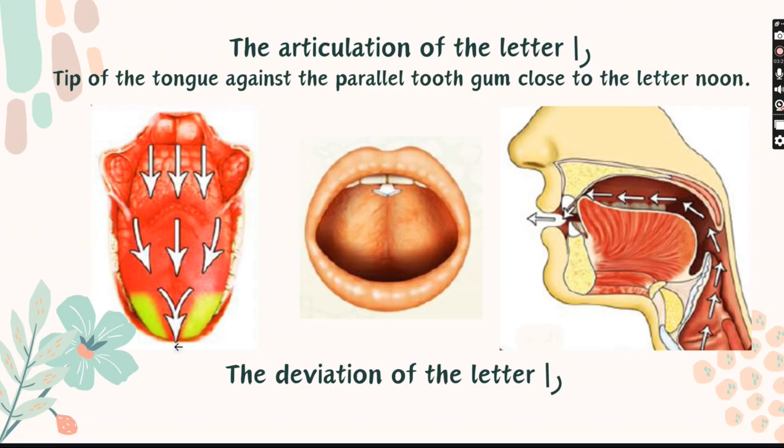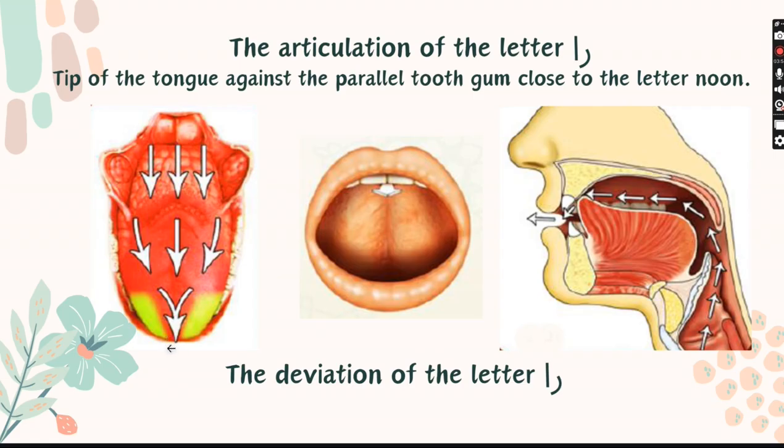This small opening, which I was just telling you about, is open, but it's really small, a very delicate opening. So what happens to the sound that's running from deep inside? It starts gathering together so that it is able to go out through this small opening. And this is called deviation of the letter Ra.